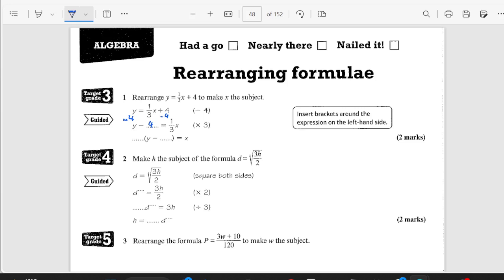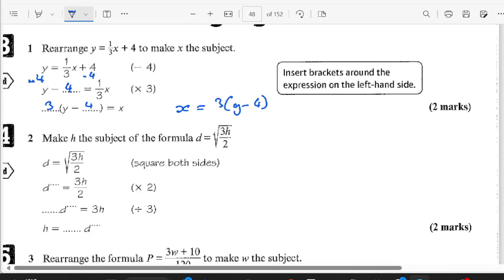So that would give me 3 lots of y minus 4 is equal to x, and that's technically rearranged. X is now the subject. I tend to write it out as x is equal to 3 lots of y minus 4. So if I'm asked to rearrange a subject, I tend to always leave it as x is equal to, but it's still technically correct.